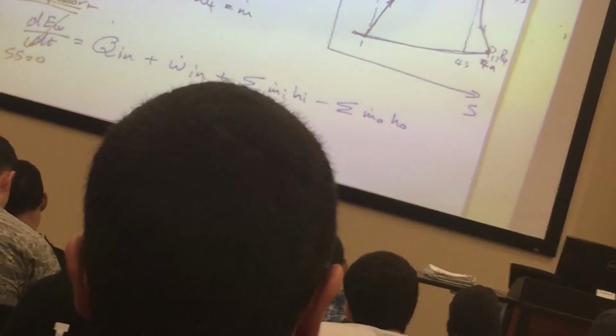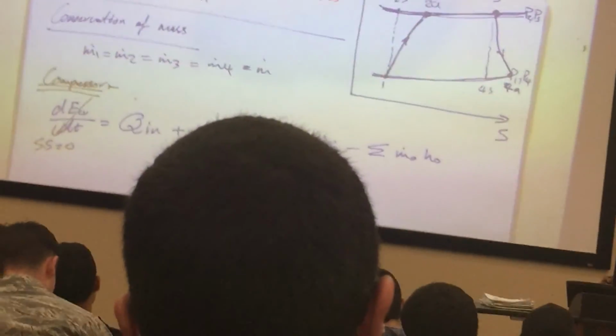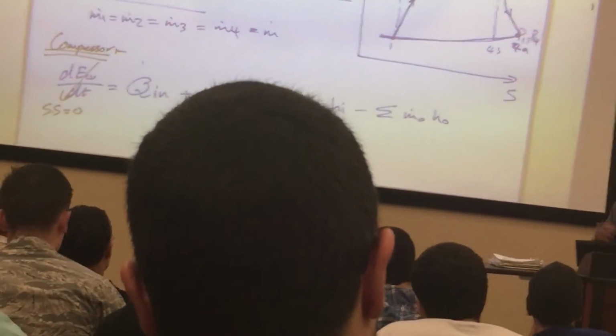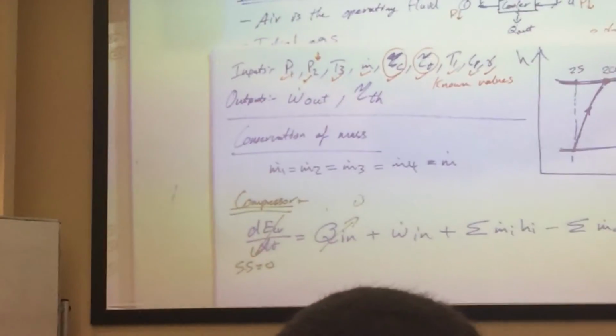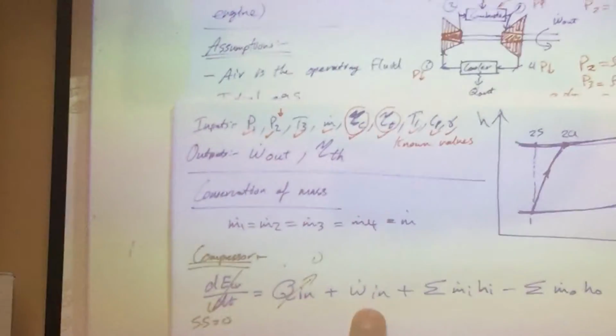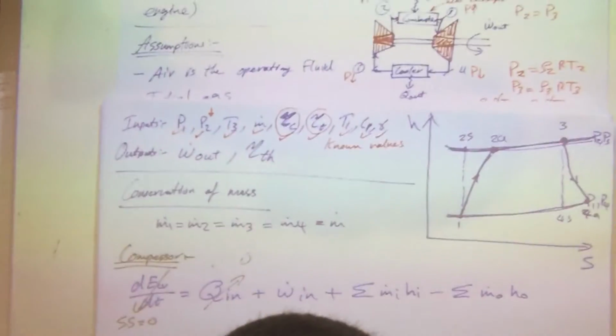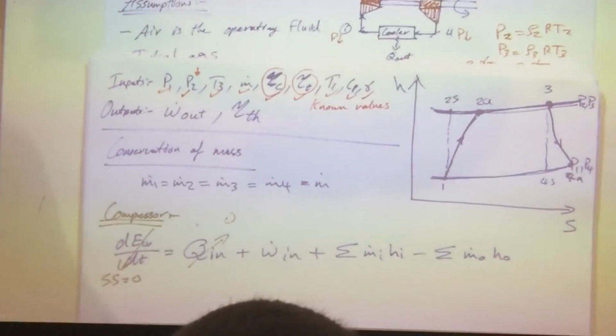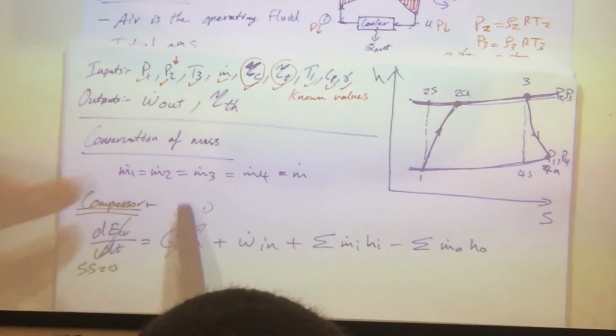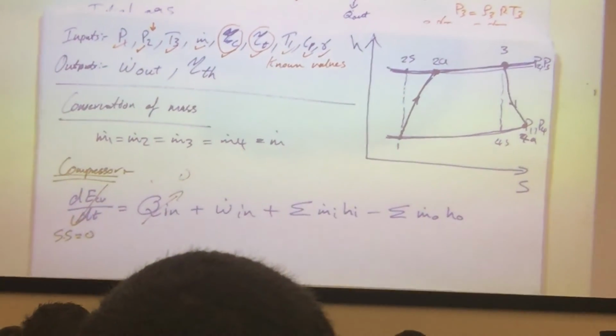Through my compressor, do I have heat transfer across there? No. Why? You could do that. Very good. All right, so I only have work. Well, I do have work because I'm putting work into my compressor. And I do have enthalpy changes. Now, I can simplify this equation because m dot in versus m dot out are equal, because I got it from conservation of mass. It really doesn't matter.